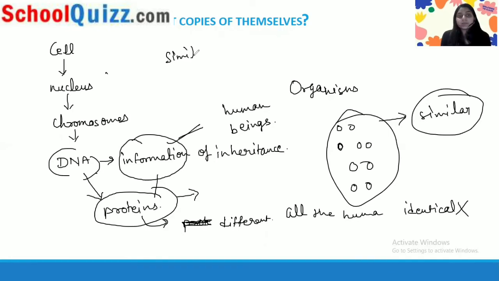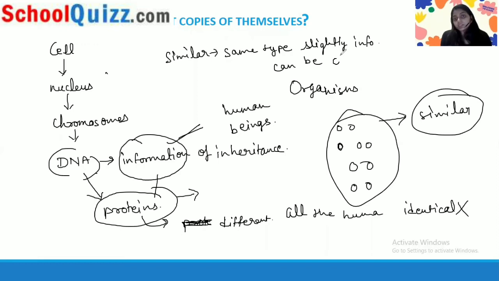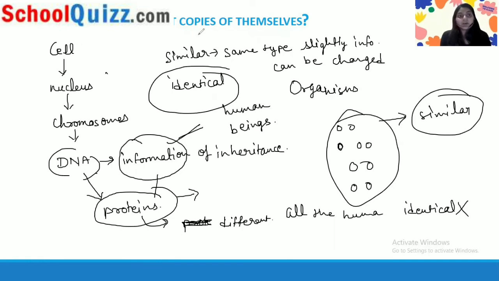Similar means same type, with slightly changed information. But when it is a question of identical, do organisms create exact copies of themselves?